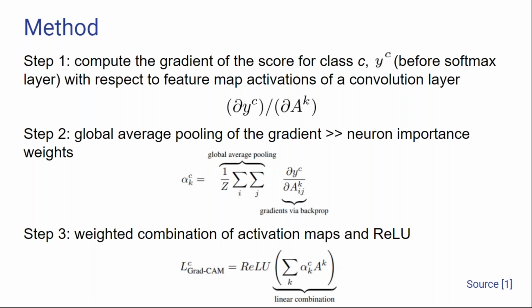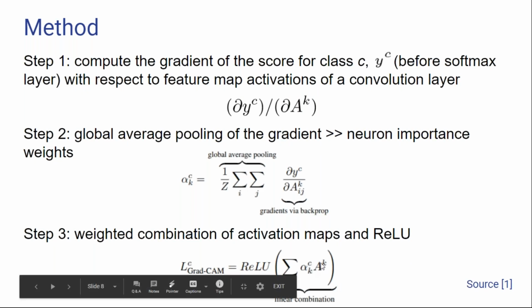So alpha into A tells which convolutional activation map is contributing to that class determination. Yes, alpha is the weight, so we are weighting the convolutional maps.